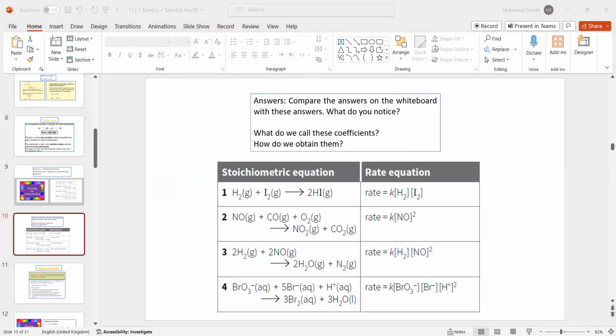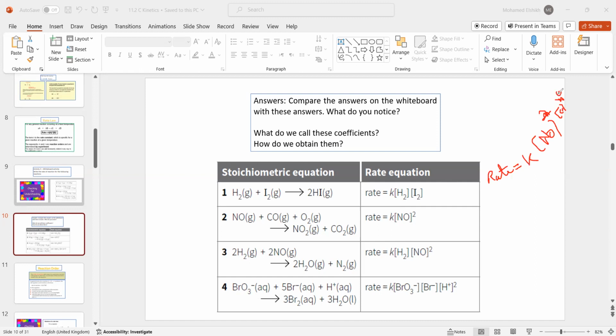Didn't I say that the rate of chemical reaction will equal, let's take the second one, K times [NO] and [CO], raised to the power m and n? And we said n and m are determined experimentally. So m here, when we determined it, we found it to equal 2. So that's why we wrote 2 here. This n here, when we determined it experimentally, we found it to equal 0.